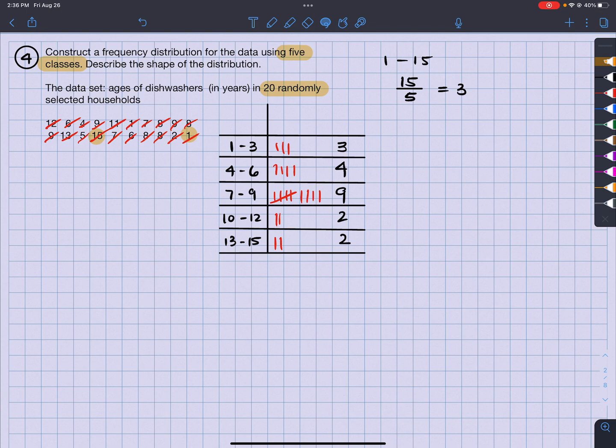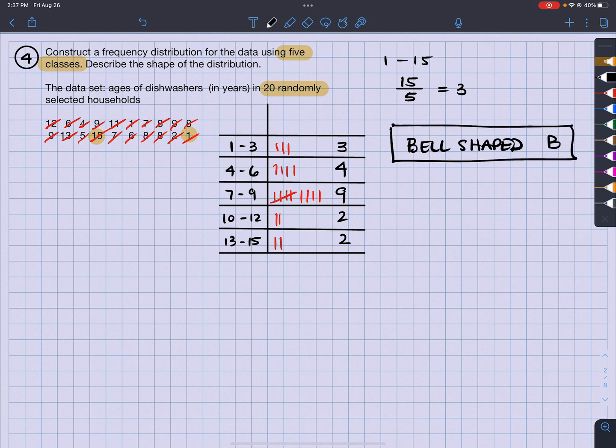If I keep my tally marks equally distant apart from each other, then I'm going to see kind of a frequency histogram, or bar graph, right there. That tells me this is going to be a bell-shaped curve, and that is choice B. I can see that right on my tally marks.